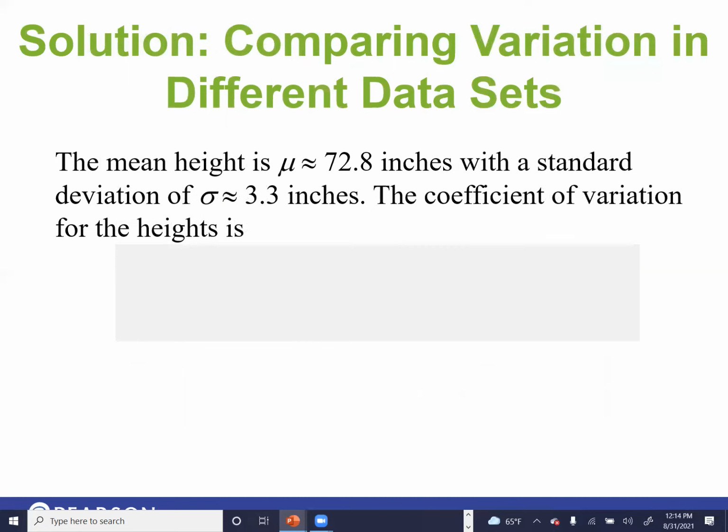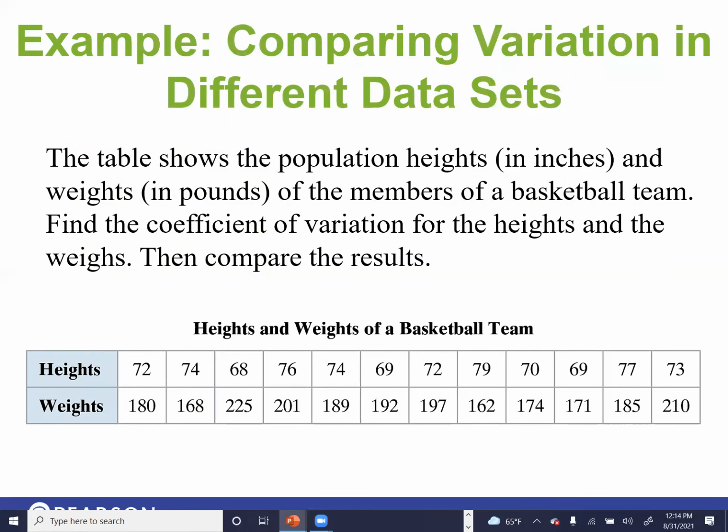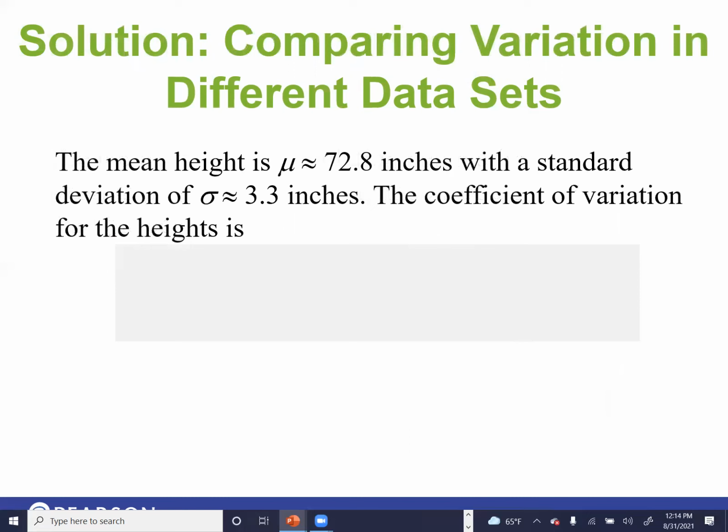If you just look at the heights, I'm not going to make you calculate it with a calculator, so we'll go a little faster. I found that mu is 72.8 inches. Also, I calculated the standard deviation. Remember, it takes a long time to calculate standard deviation, a tremendous amount of time.